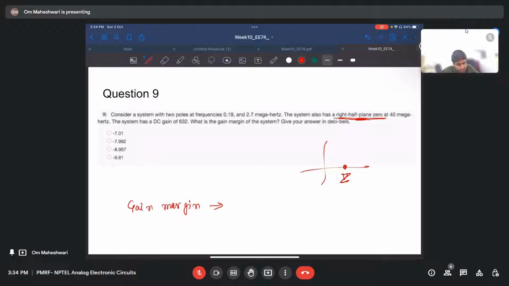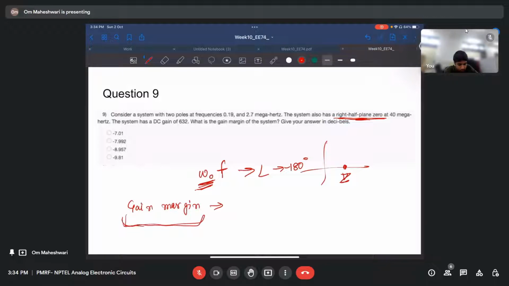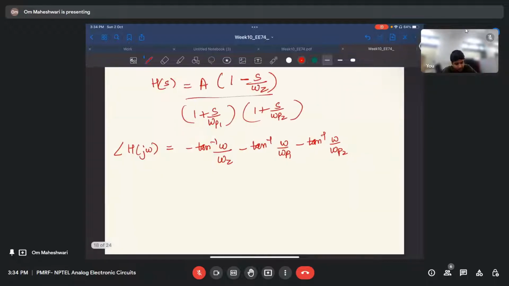First you calculate the frequency at which your phase becomes minus 180 degrees. Let's call it omega naught. You find this frequency and put it in, then you find the magnitude, and that gain will be the gain margin. Let us try to solve it and it will be more clear.